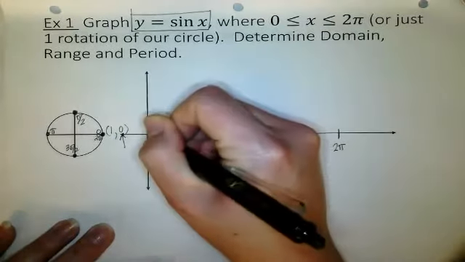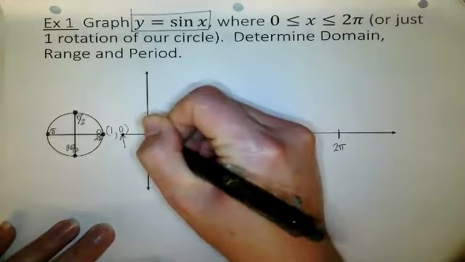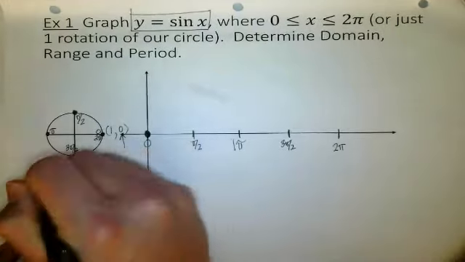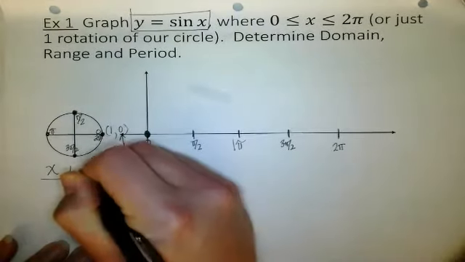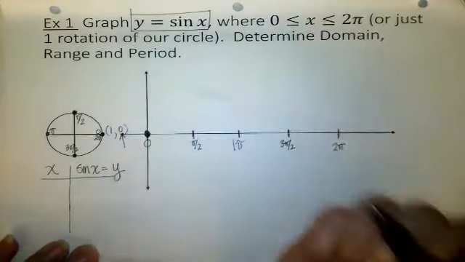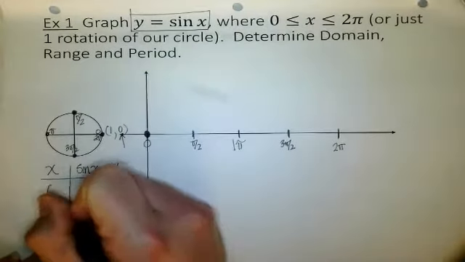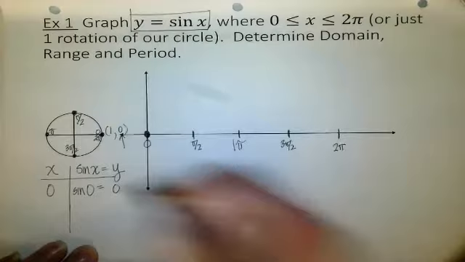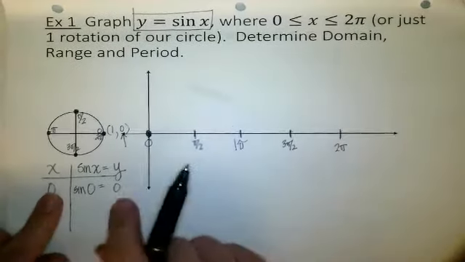So there's a point there, right there, 0. Because, let me do it this way. If you have an x value and we want sine according to x equals our output. So we said at 0 radians, the sine at 0 radians equaled 0. So we have 0, 0 for our ordered pair.